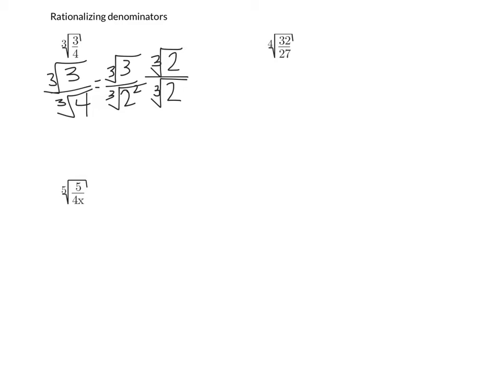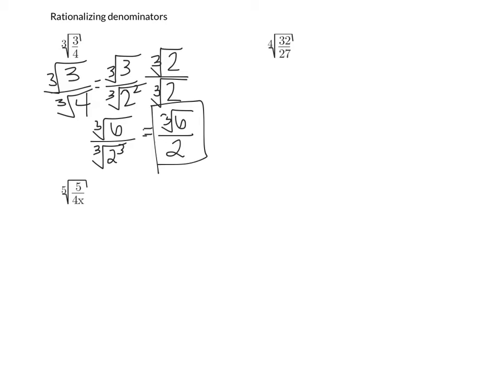When the indexes are the same, I can multiply the numbers underneath. I get the cube root of 6 on top. And on the bottom, I get the cube root of 2 cubed, which is equal to 2. You could think of that as the cube root of 8, which is also 2, but I like to look at it in exponential form. So the cube root of 6 over 2, and that's your final answer.